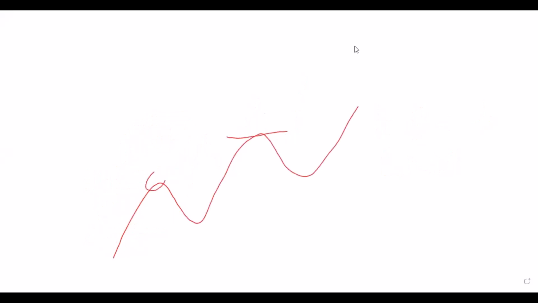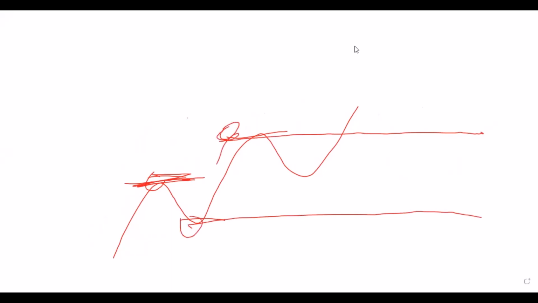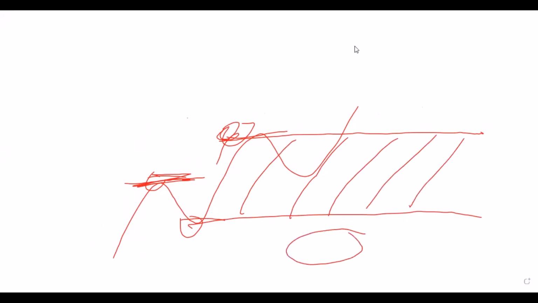We want to understand the last low responsible for the break of this high, which is this one. So our range of trading will be from here to here. This is the low, this is the high, which means we are going to be trading inside here. We don't take trades outside of this range. Whatever we are going to do, we are going to do it inside this range.